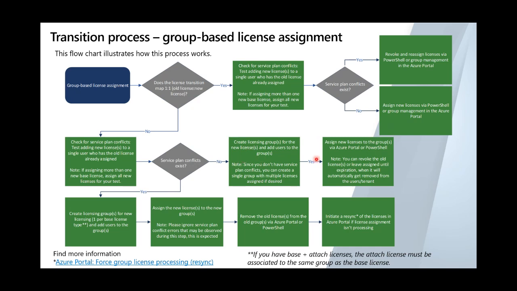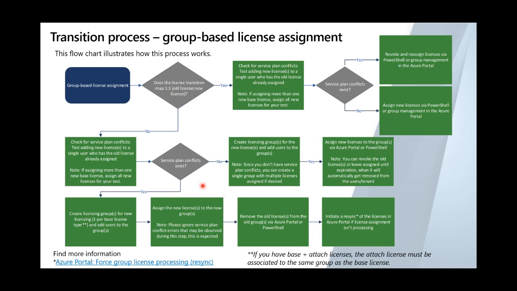And then you'd assign the new license to the group using Azure Portal or PowerShell commands to do that. You have the option again of removing the old license from the old group or leaving them assigned until the license expires and getting that removed automatically.